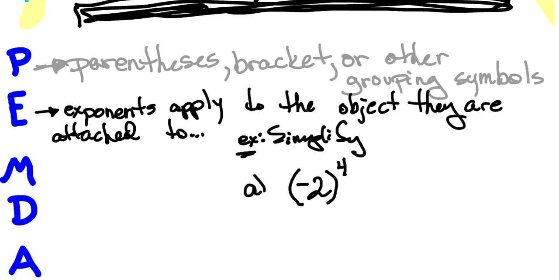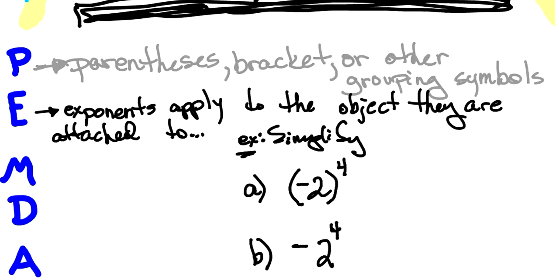We'll call this example A. Example B will be right under it, and we'll just put no parentheses, the negative sign, the 2, and then the 4th power. So, knowing what we know now, exponents apply to the objects they are attached to, and they can only be attached to one thing at a time, unless you have grouping symbols.